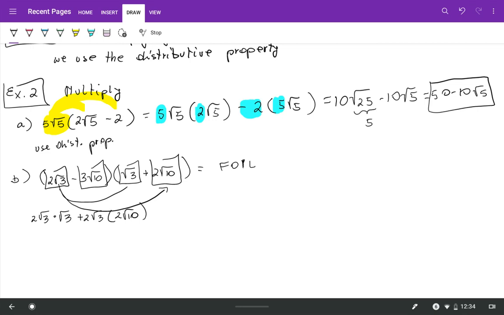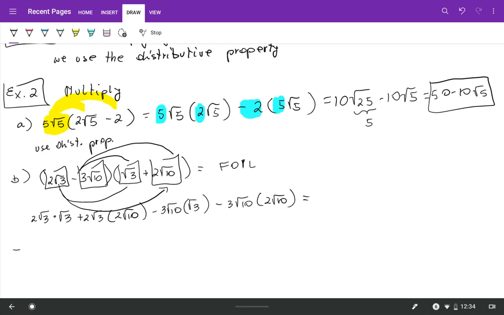I stands for inside, which is negative 3 square roots of 10 times square root of 3. And L stands for last, which is negative 3 square roots of 10 times 2 square roots of 10.